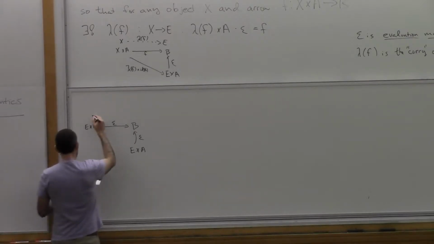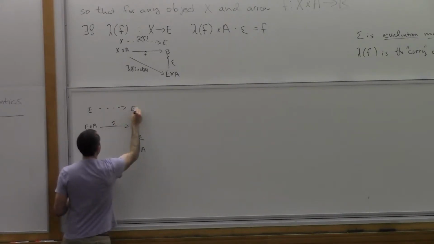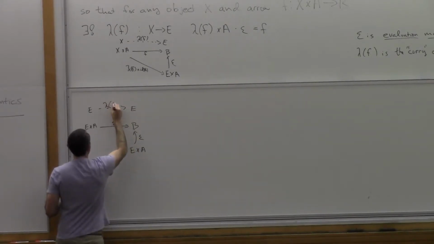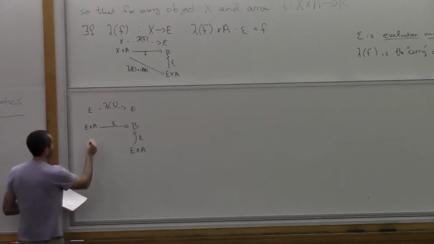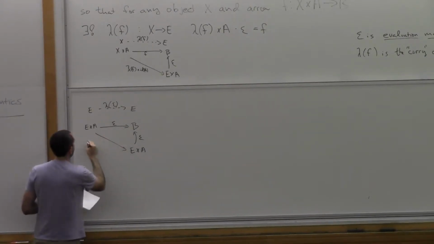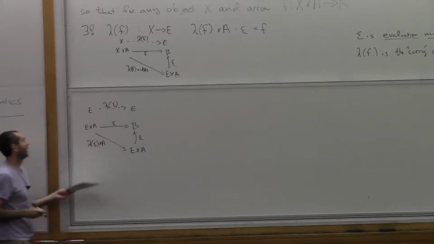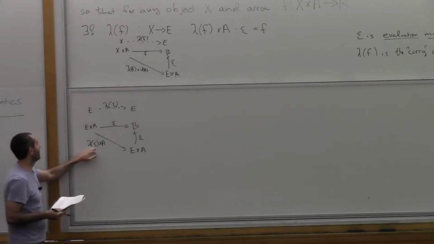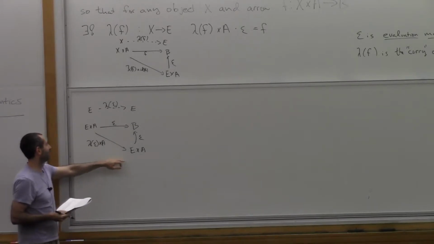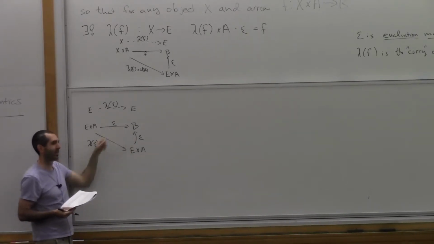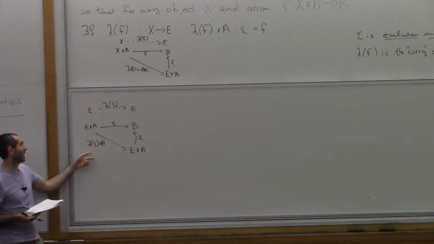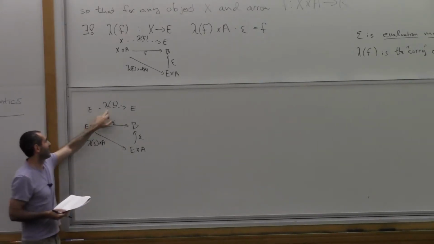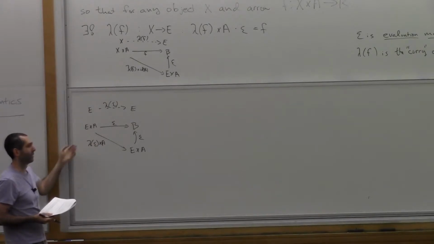Okay, so the universal property tells us that there's a unique map from E to B, which is the curry of the evaluation map, such that when we cross it with A and evaluate it, we just get the evaluation map. Now, what possible map could there be from E cross A to E cross A, such that when we compose it with epsilon, we get epsilon? Okay, this has to be the identity, right? And we can see, in fact, that this has to be the identity by the uniqueness part of this universal property.